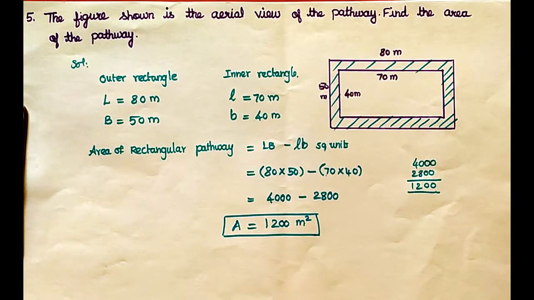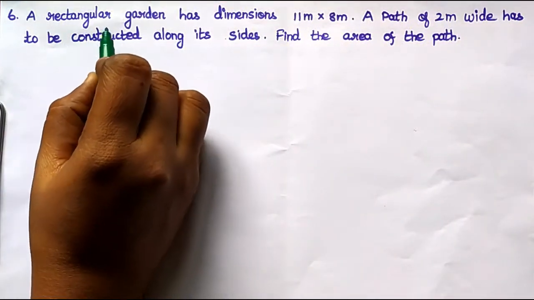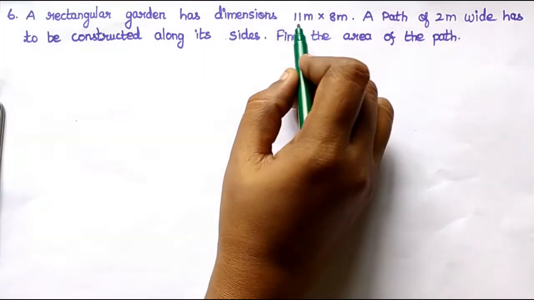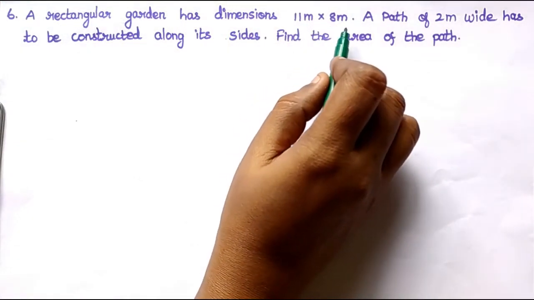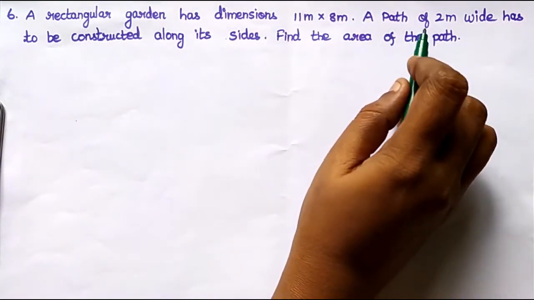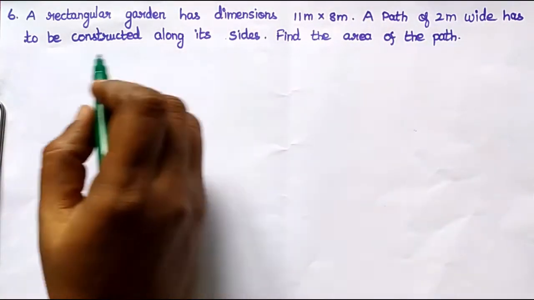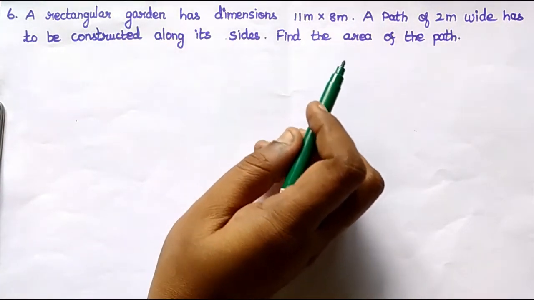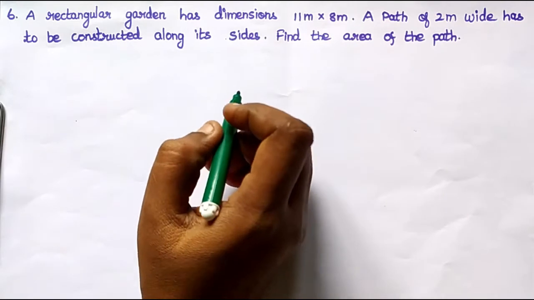That is the answer. Sixth sum. A rectangular garden has dimensions 11 meter into 8 meter. A path of 2 meter wide has to be constructed along its sides. Find the area of the path. Listen.